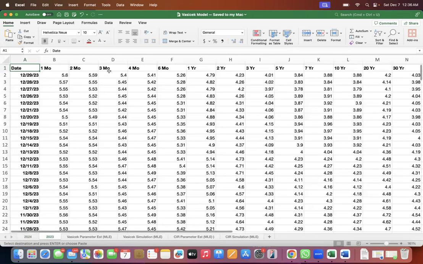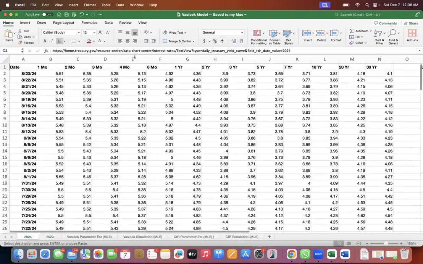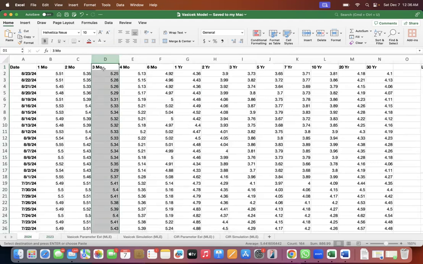Our interest is in modeling the 3 month interest rate. We are not modeling each of them, just the 3 month interest rate. You might be thinking, why are we modeling just the 3 month and not everything?